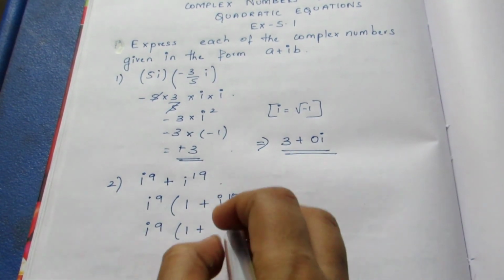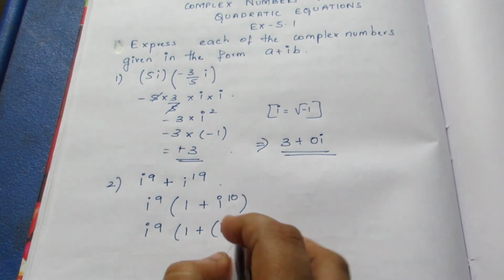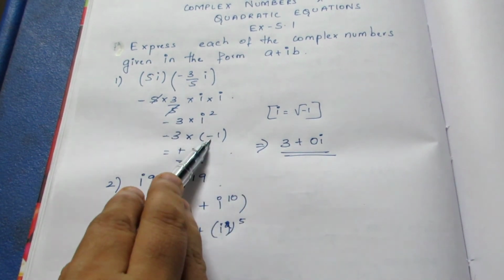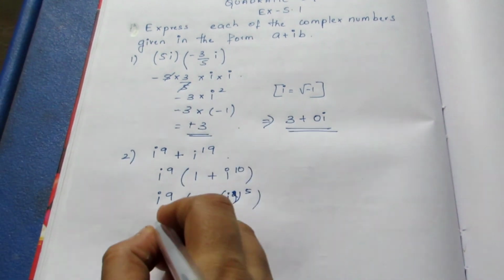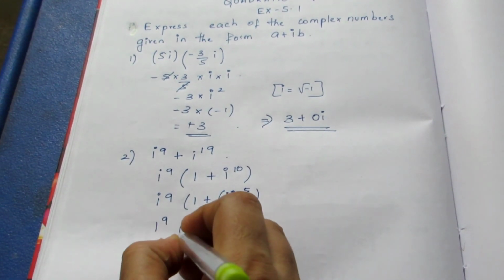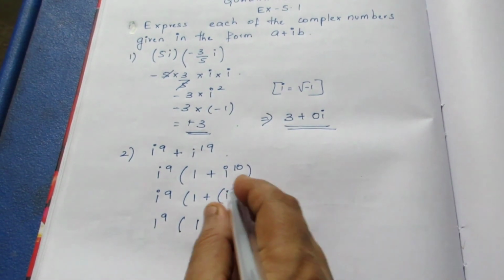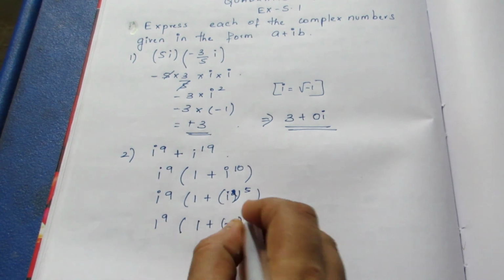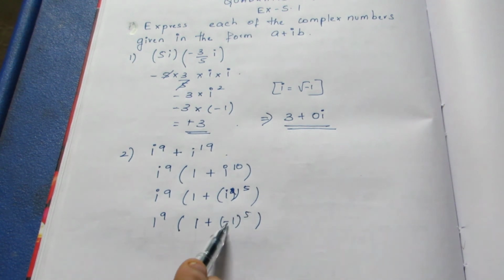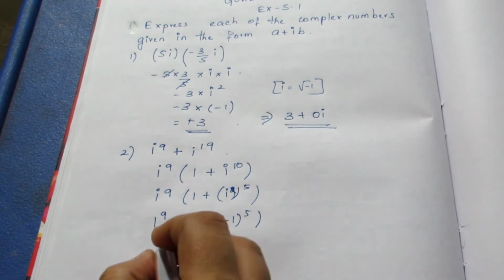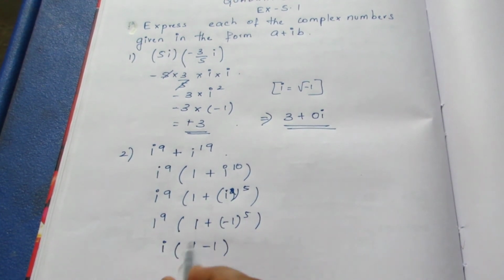So i power 10 we can write as i square the whole power 5. We know that i square will be minus 1, so minus 1 power 5. I'll write the step: here it becomes i power 9 into 1 plus, i square becomes minus 1, power 5. Minus 1 power 5, anything with a minus sign raised to an odd number becomes negative, so minus 1. 1 minus 1 is nothing but 0.